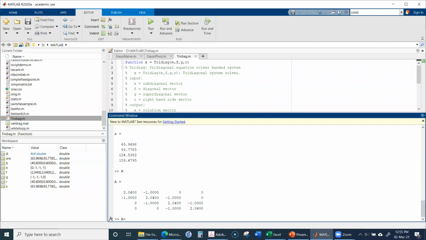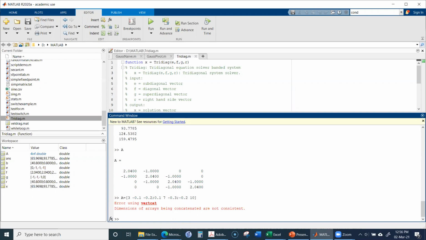So that was 3, minus 0.1, 0.2, semicolon, 0.1, 7, minus 0.3, semicolon, 0.3, minus 0.2, 10, and then close.